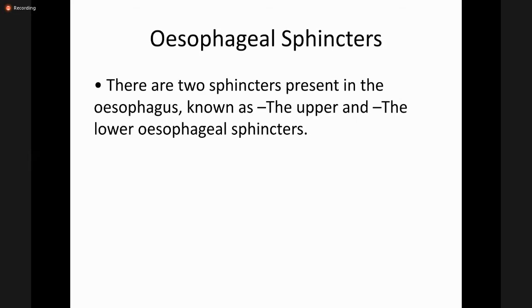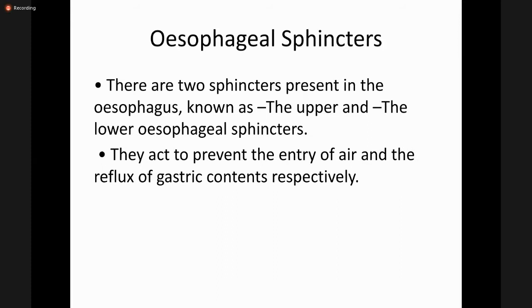And there are two sphincters. Sphincters are the gates of the esophagus. The first one is the upper sphincter, and the second one is the lower sphincter. The upper sphincter prevents the entry of air, and the lower one prevents the reflux of the gastric contents into the esophagus.